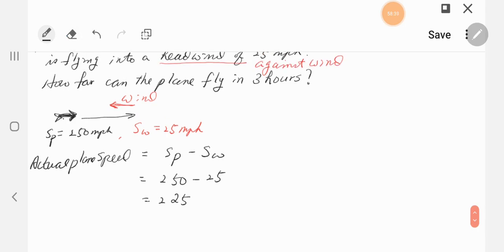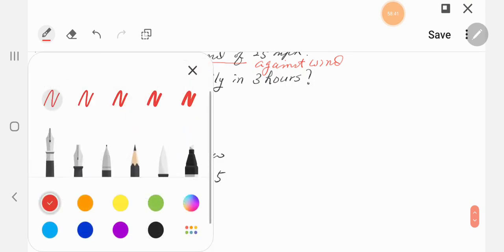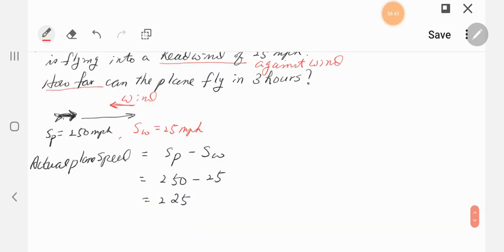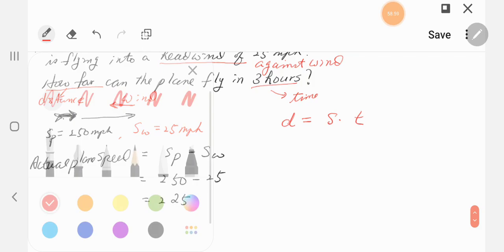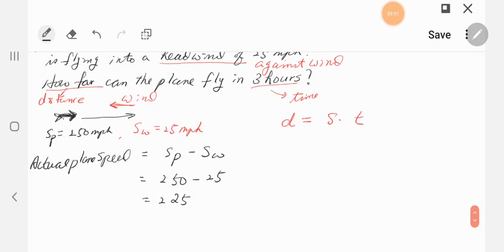So we are looking for how far. How far can the plane fly in 3 hours? So 3 hours is the time, and how far is the distance. The distance is equal to speed times t. So using this equation, let's write the expression. The total distance is what we are looking for.